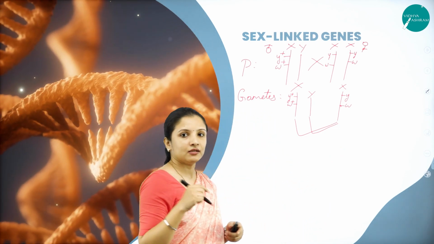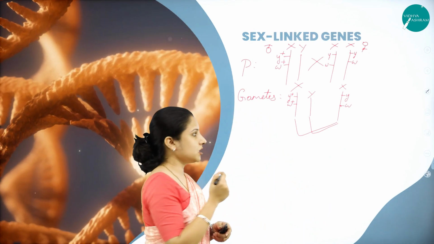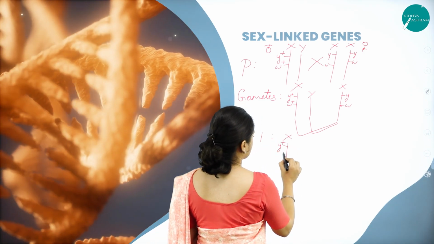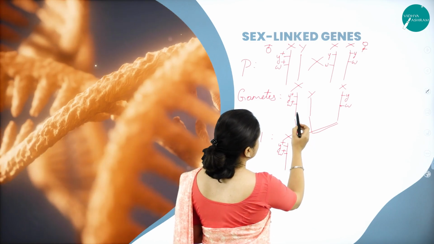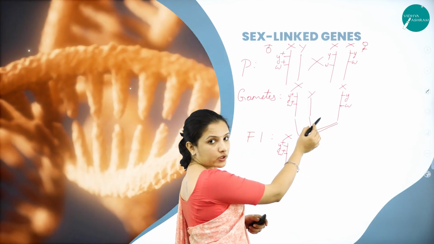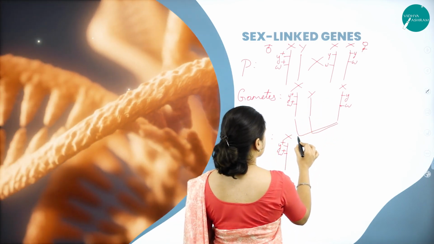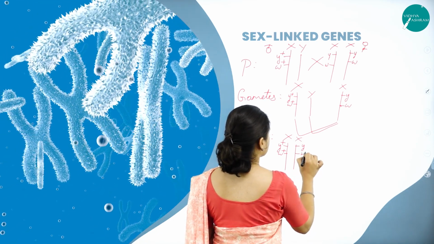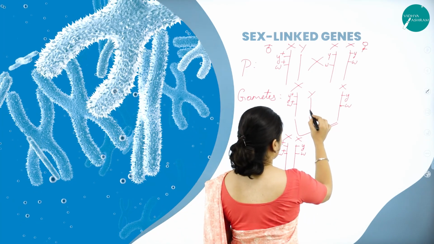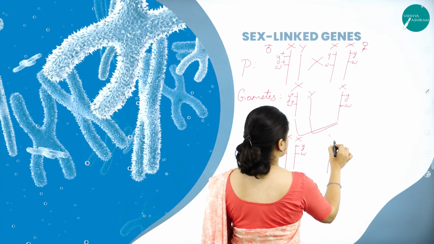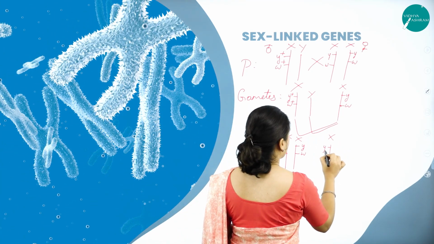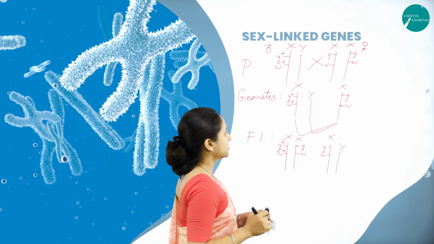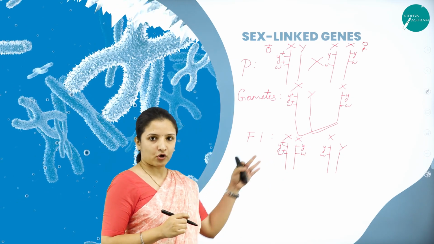So now in the F1 generation or in the progeny, what we will expect? F1, y plus, w plus, it is combining with the chromosome X, y and w. Again crossing over, we have y, w with that of Y. So these are the progeny that we get.